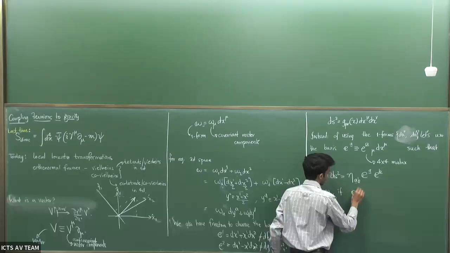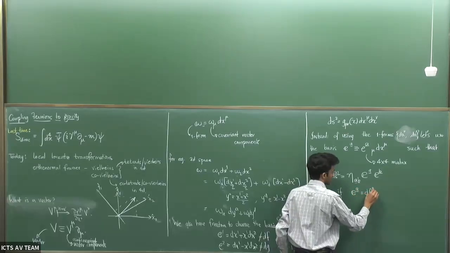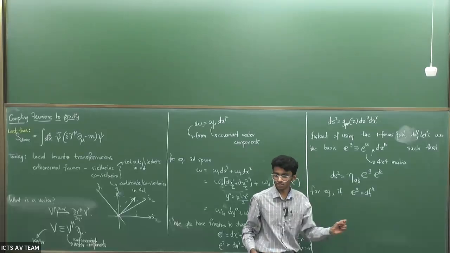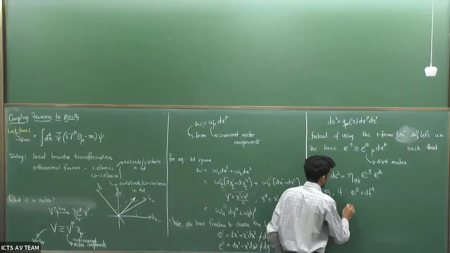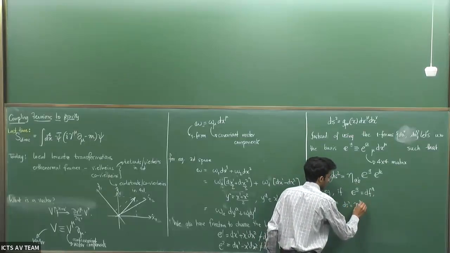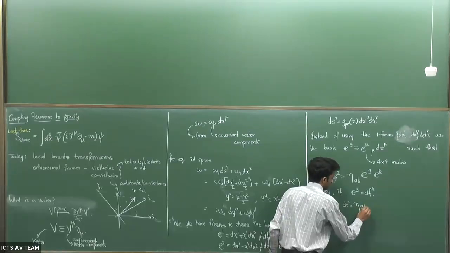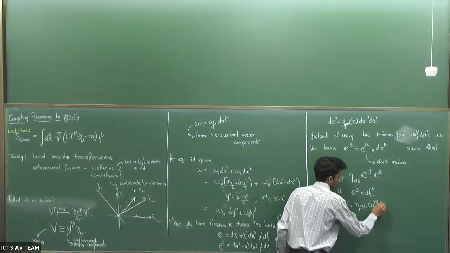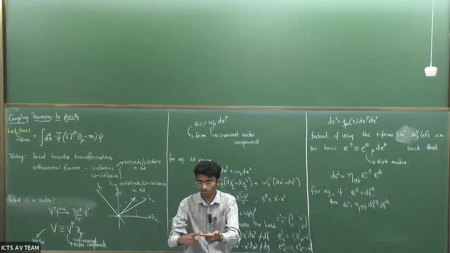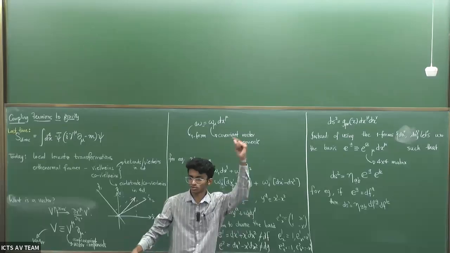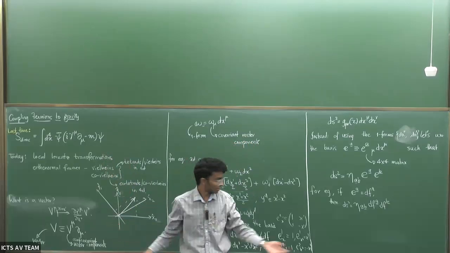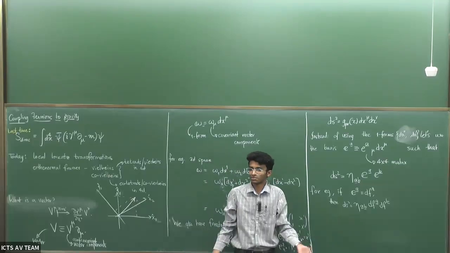If E^A is such that E1 is just some df1, E2 is df2, E3 is df3, and so on, then ds squared is simply eta AB dfA dfB. So now if you go to the coordinates f0, f1, f2, f3, instead of choosing x0, x1, x2, x3, the metric is flat. So that's a flat metric.